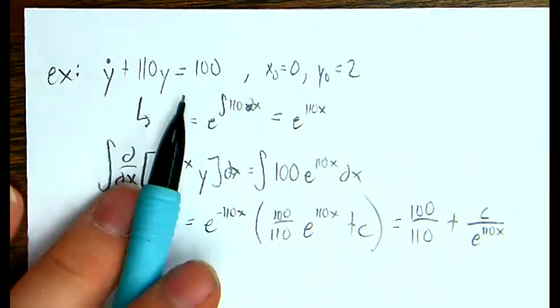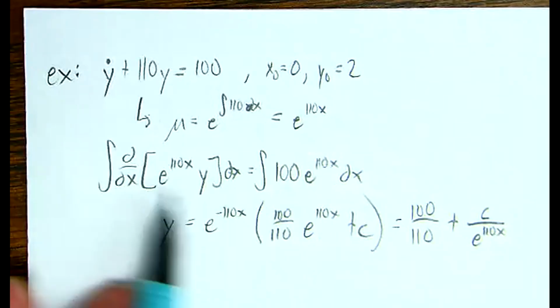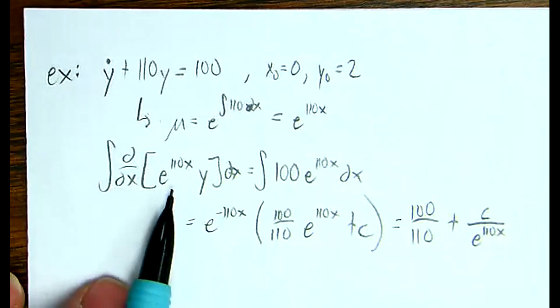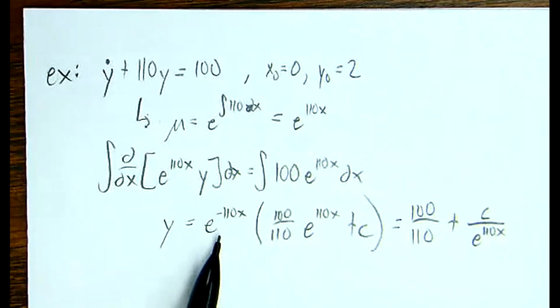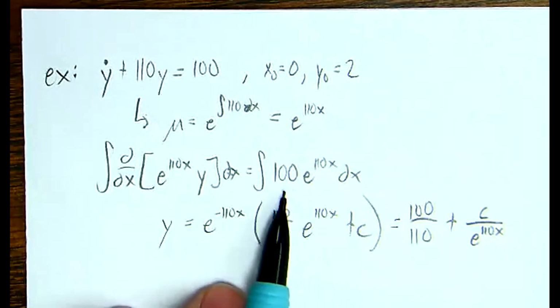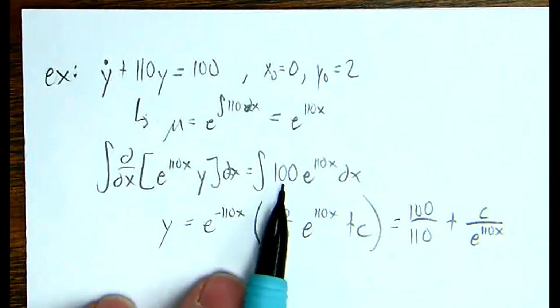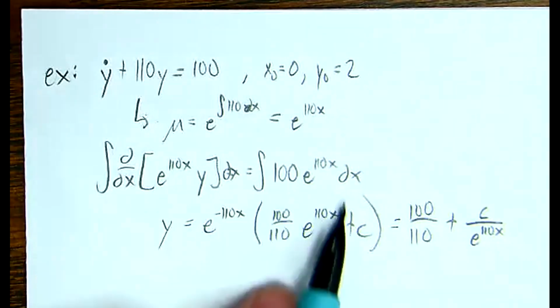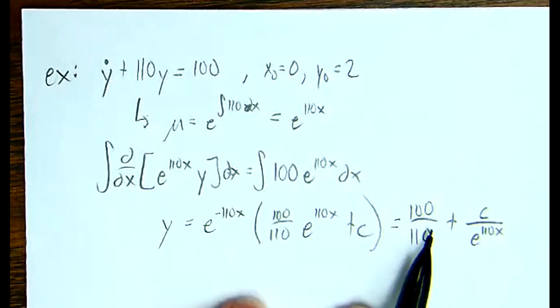And on the right-hand side, I get 100 times my integrating factor. So we're good. Undoing the derivative means integrating, which gives me e to the 110x times y. Moving that over to the other side means dividing both sides by e to the 110x, and then the integral of 100e to the 110x is e to the 110x times 100 divided by 110, plus our constant of integration. And then when I distribute that, the e to the 110x cancels with the e to the negative 110x, so it's reduced to 1, giving us that.